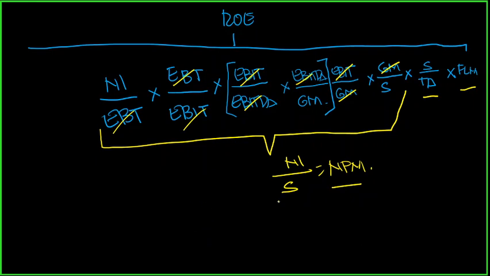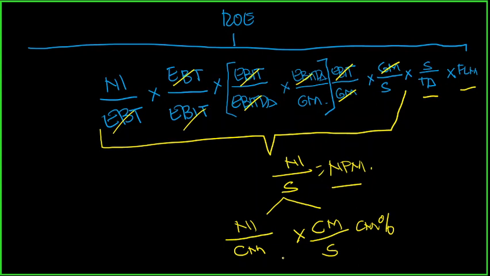Okay. Now, in some books, they also have a different expansion for this. Your net profit margin, another way to compute this is by dividing your net income by your contribution margin, okay, and then you multiply that by your contribution margin divided by your sales. This is your contribution margin ratio, and then this one is how much of your contribution margin will go to your net income. Ayan, fixed cost coverage naman yung tawag nila dito.